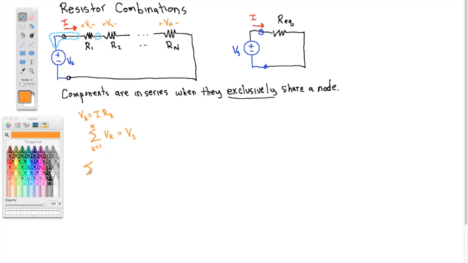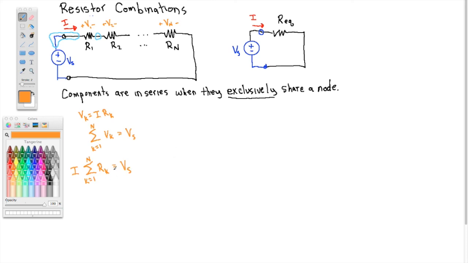So now I've got the sum from k equals 1 to N of Vk, but Vk is I times Rk, and the I does not depend on k, so that can come out of the summation, times the sum of Rk, equals the voltage source, Vs.